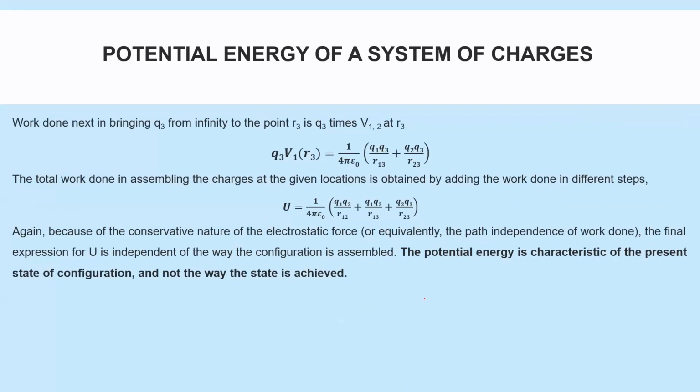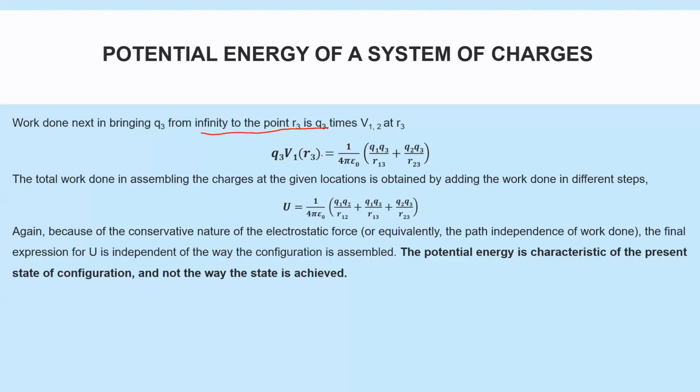Then again, the work done in bringing the charge Q3 from infinity to point R3 is going to be Q3 times the potential due to both charges 1 and 2 at R3.